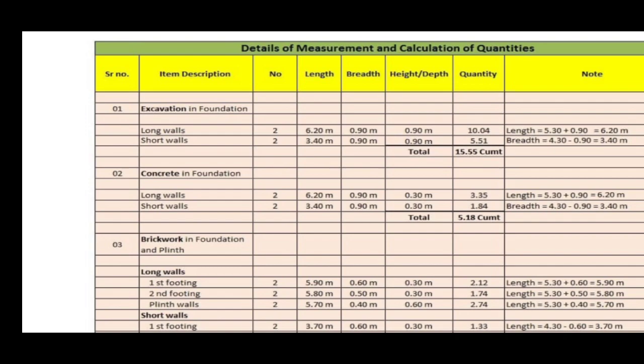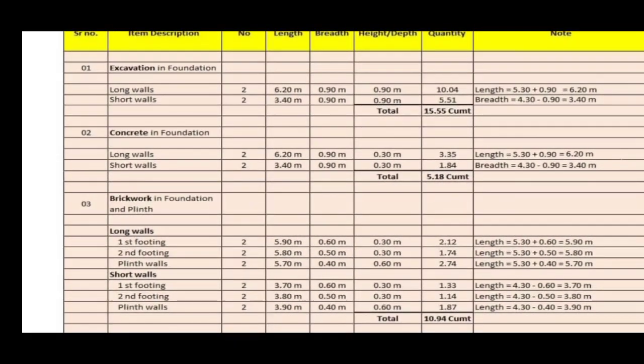15.55 cubic meters. Now for concreting in foundation, similar to excavation, we will first calculate the long wall quantity for concreting.